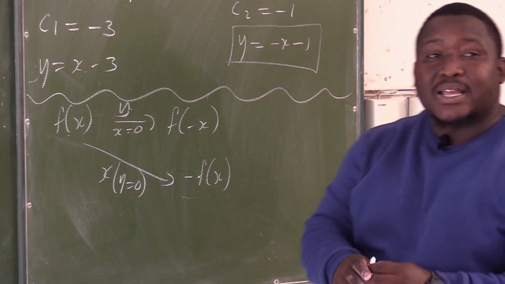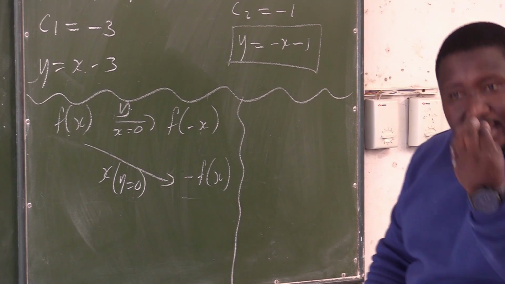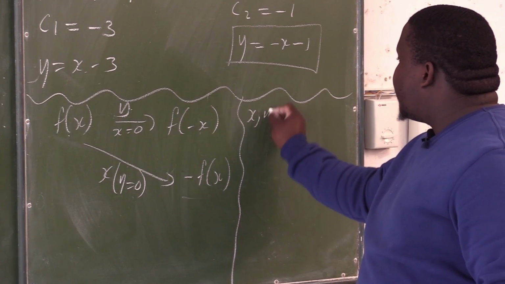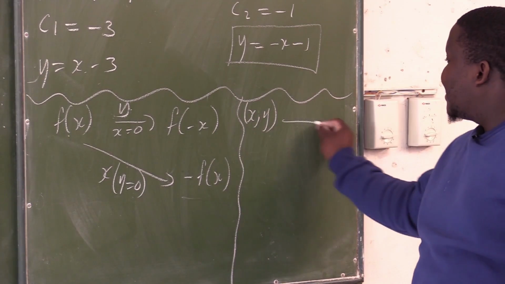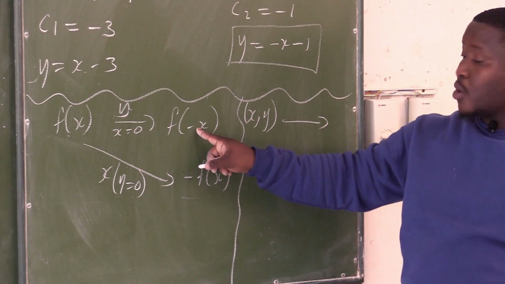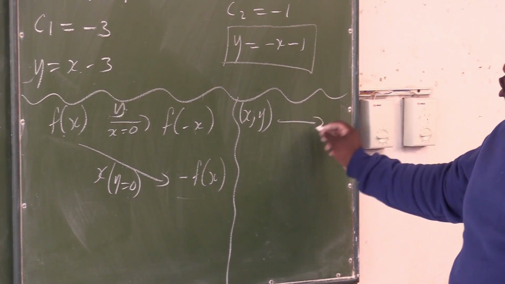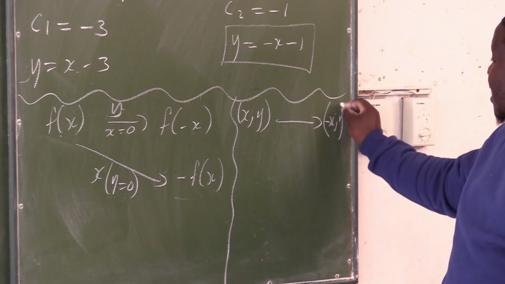Let's look at it now in terms of a point. If you have a point, say your point is x and y for now, from a general point of view. If you reflect this point along the y-axis, x changes and becomes negative. So what will be the new point now? It will be negative x and y.